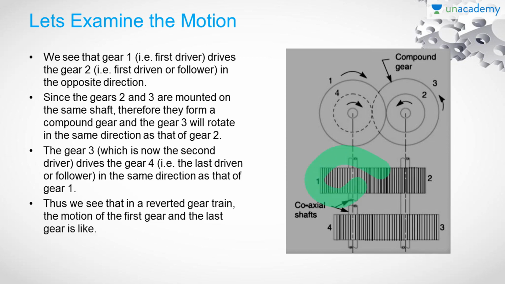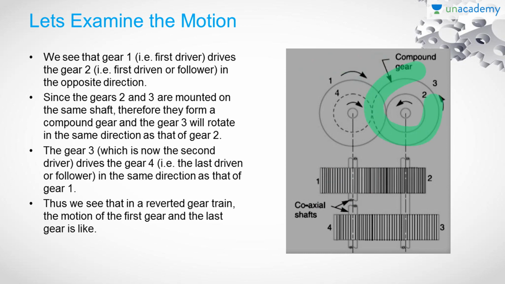Gear 1 is the first driving gear, therefore the motion starts here, and gear 1 and gear 2 are the mating gears, right? Therefore, the direction of the angular velocity of gear 1 and gear 2 will be opposite. As you can see in this figure, the direction of velocity of gear 1 is clockwise, and the direction of velocity of gear 2 is anti-clockwise.